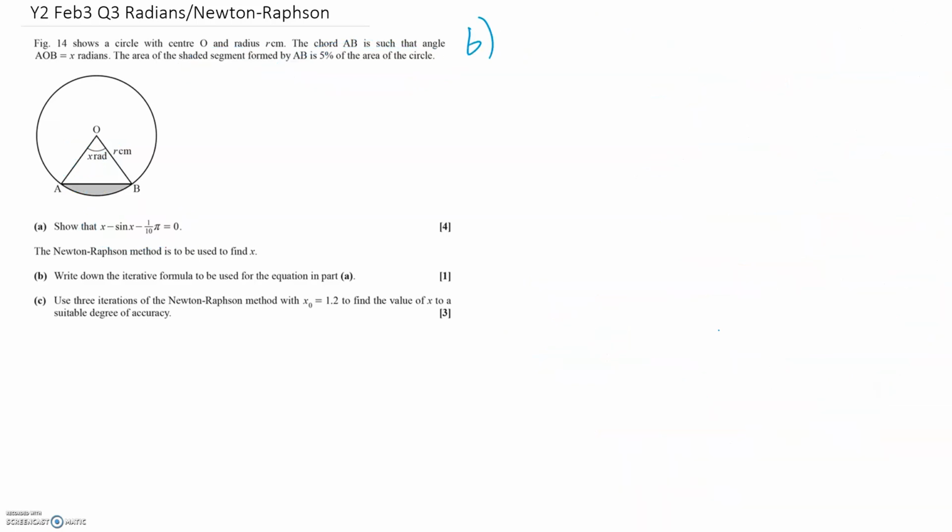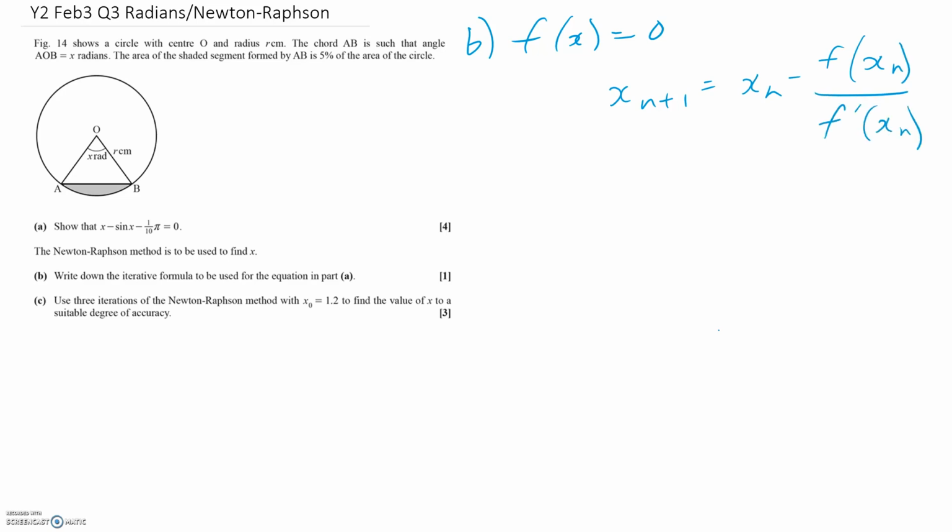In B, we're using the Newton-Raphson method, which says if f(x) equals 0, then the iteration is xn plus 1 equals xn minus f(xn) over f dashed (xn).